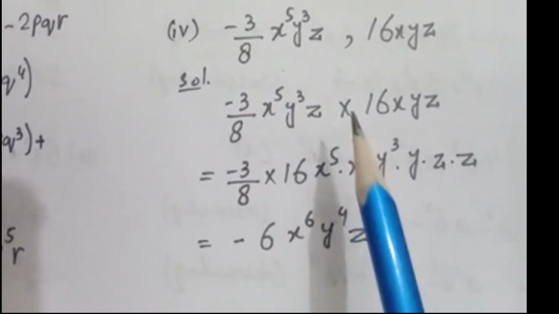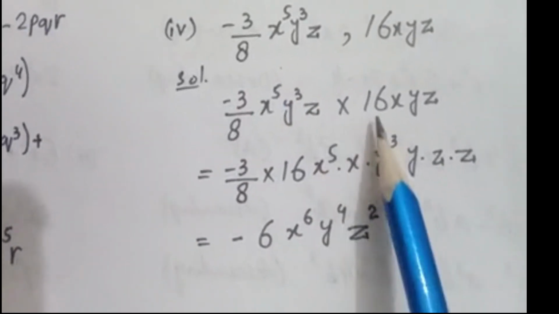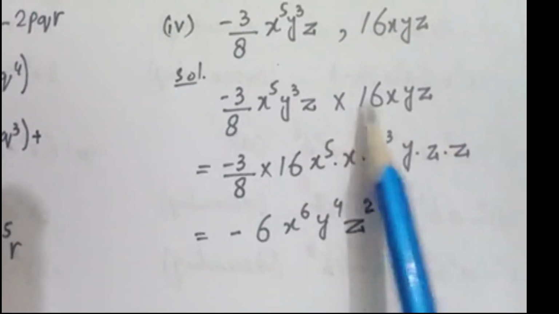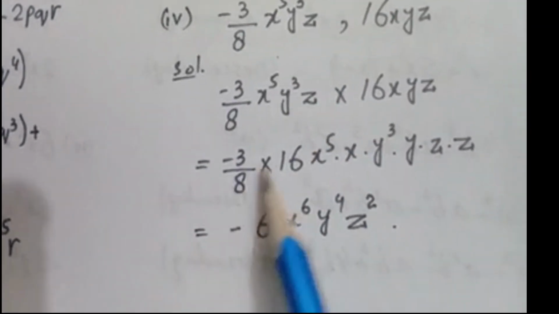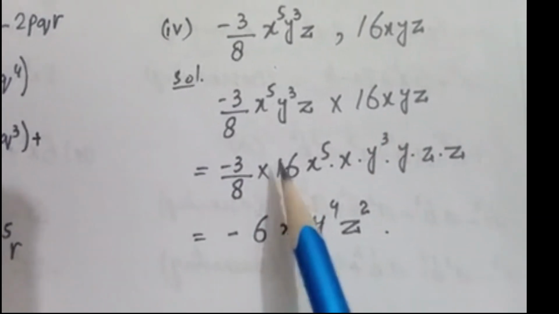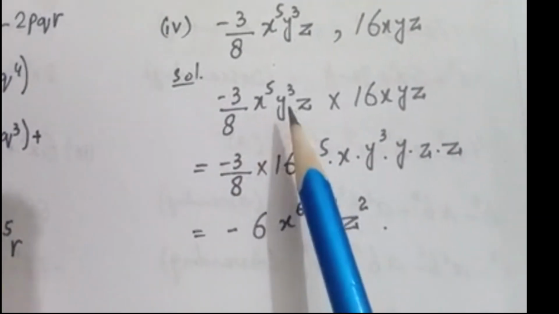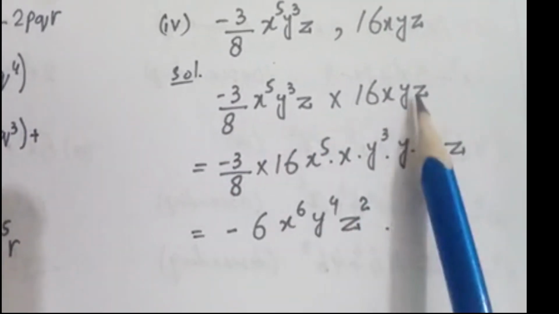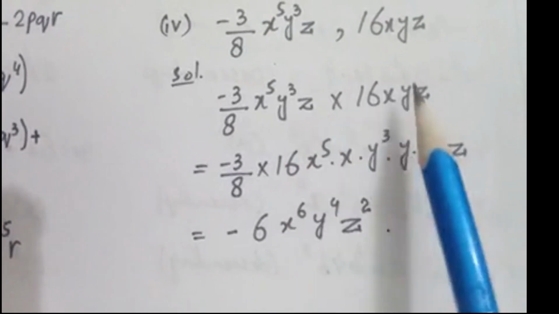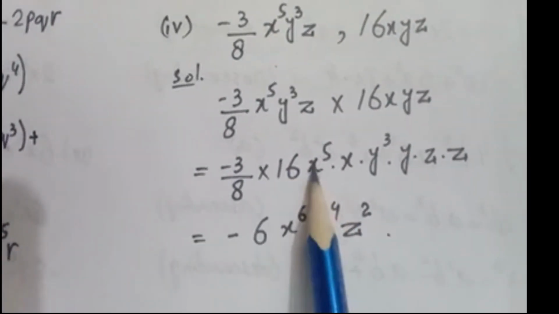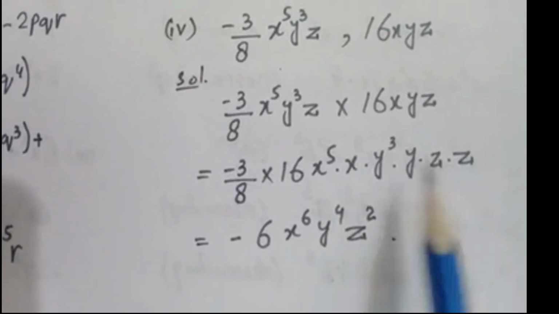So we write the multiplication sign and 16xyz. Now write the coefficients of these two expressions in the same place, minus 3 by 8 and 16. Then x raised to power 5 and x, y cube and y, z and z. We keep the similar x values, y values and z values in the same place.